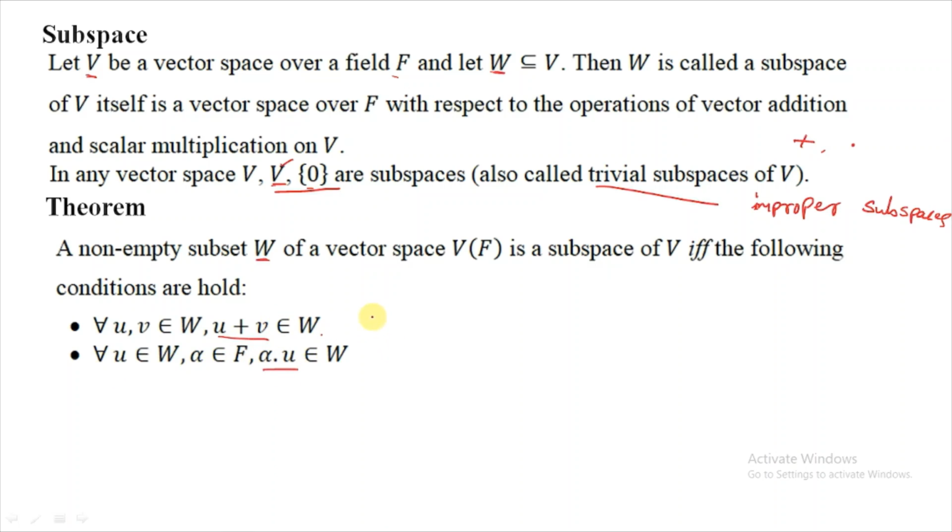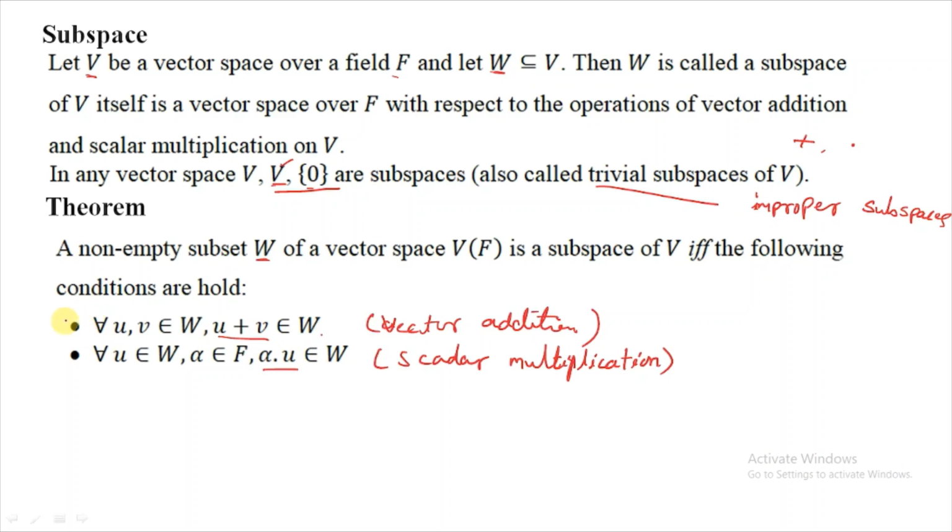The first is vector addition, and the second is scalar multiplication.